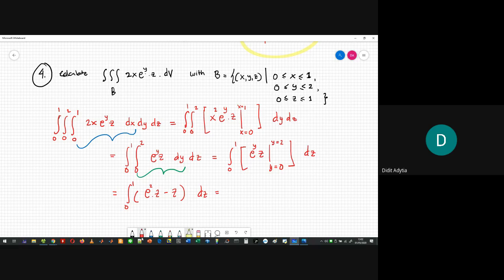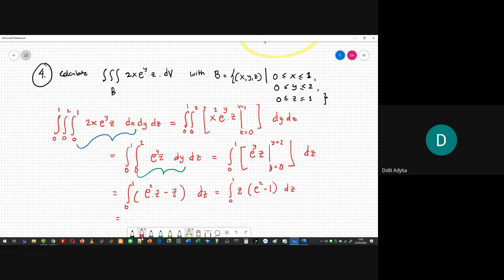We could integrate directly e to the power of 2 times z to the power of 2 over 2 minus z over 2. Sorry, we don't have to do it. I think we can simply put out the z, making e to the power of 2 minus 1, dz. Okay, this is much more elegant.